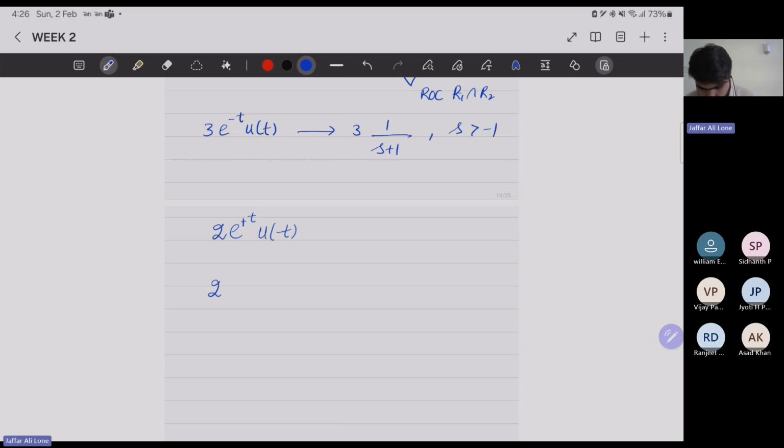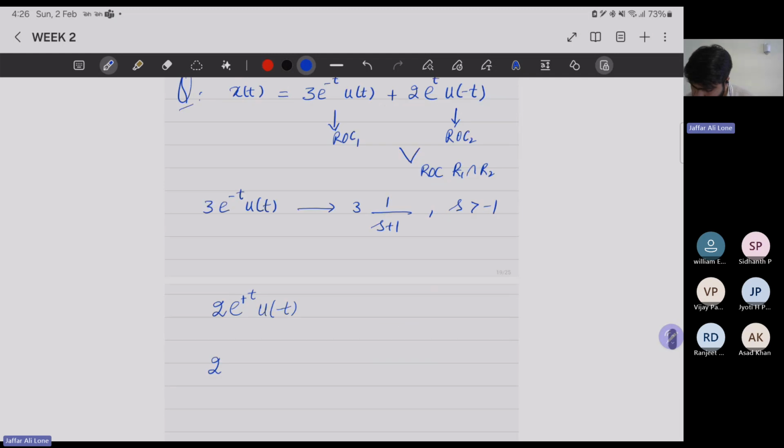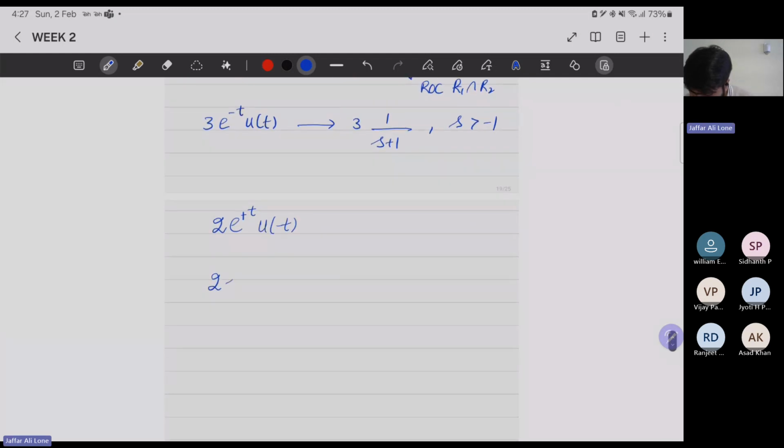Sorry, it's plus t. So first we will find the Laplace transform of e^(t) u(t)... the signal with minus t, which is 1 divided by s plus 1, with ROC s greater than minus 1.